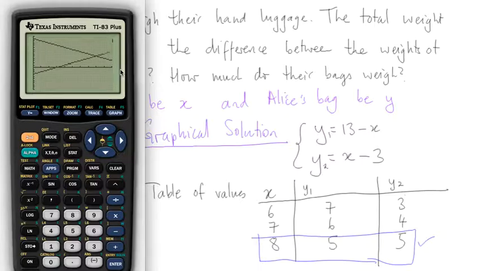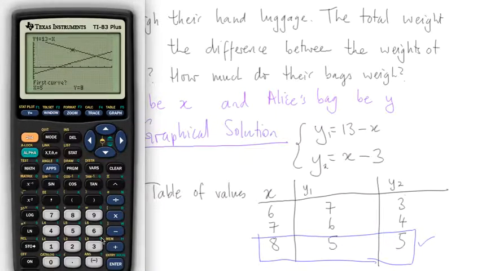In order to find the solution to this set of simultaneous equations, you have to be able to see the intersection of the two lines in your window. So make sure that you change your window to see the lines crossing. Now to find the intersection, you go second, calc, and then intersect. Then you're given 3 questions.